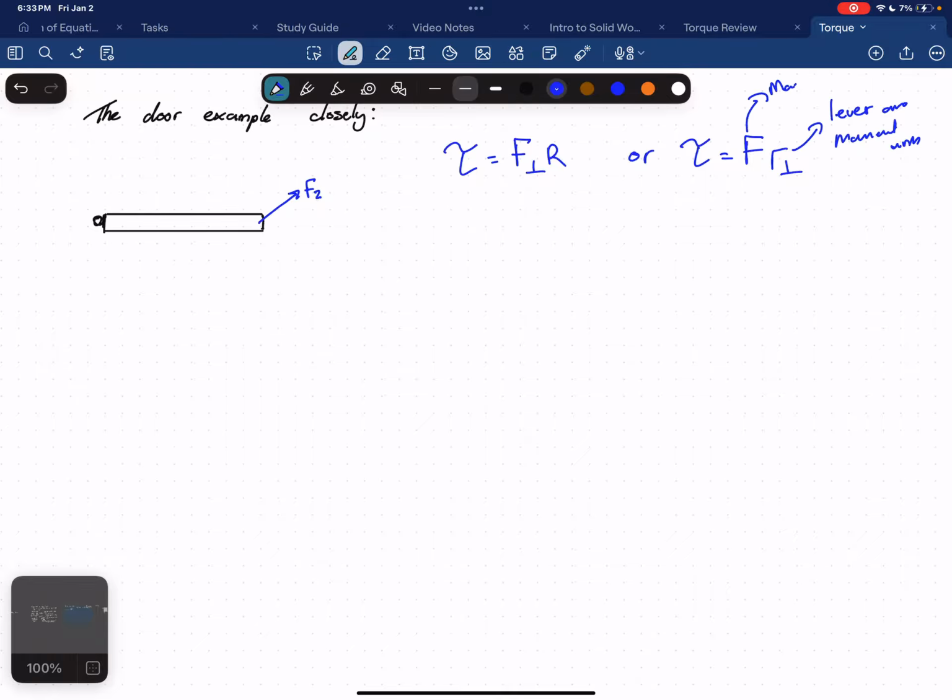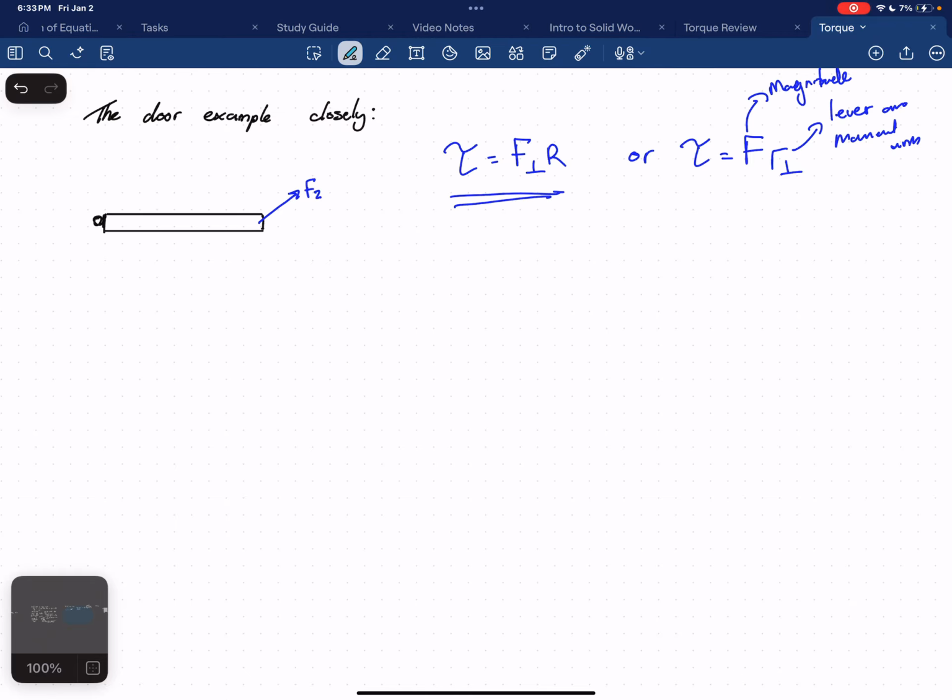All right. So let me help you visualize what F perpendicular is. F perpendicular is the perpendicular component of F2. This right here is F perpendicular, and this right here is F parallel. Remember, in the previous section, we saw that forces that are parallel exert zero torque.